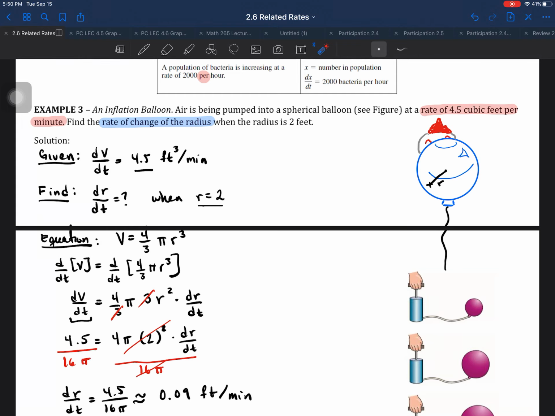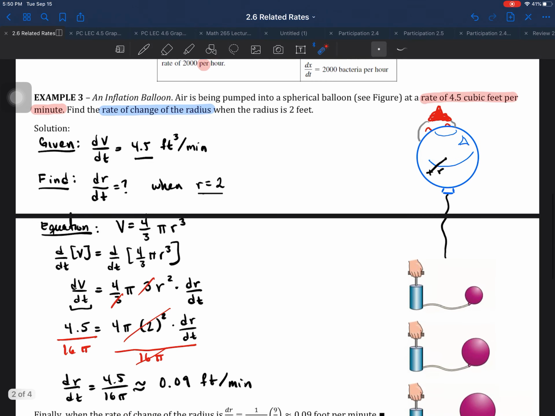So when you're pumping air into the balloon, you're given a rate of 4.5 cubic feet. Well, that gives you volume, right? That gives you a hint that this is the rate of change of the volume over time. They're asking you to find the rate of change of the radius r.